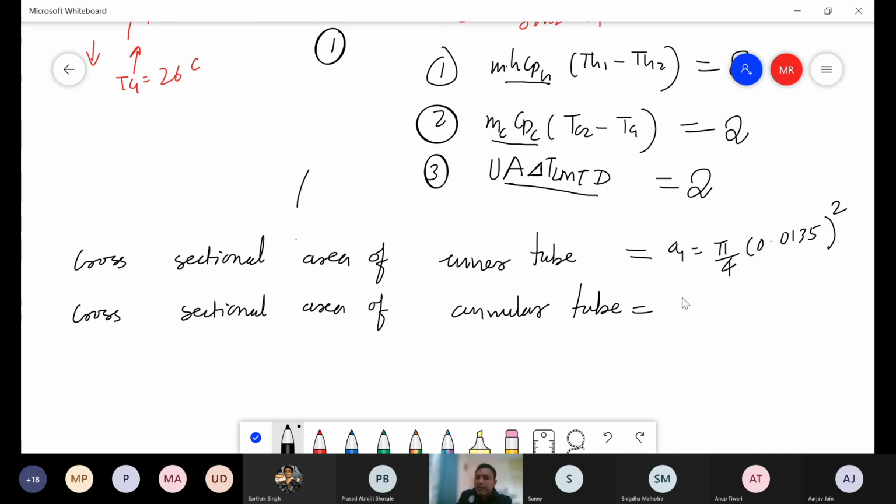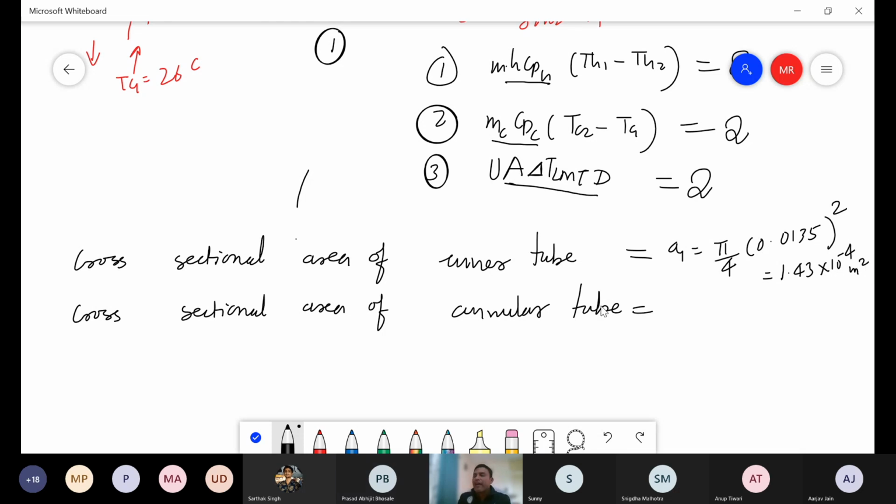This will be the area. Do you all agree? So what is the value? Can anybody calculate? You should get 1.43 times 10 raised to the power minus 4 meter square. This is what you are expected to get.